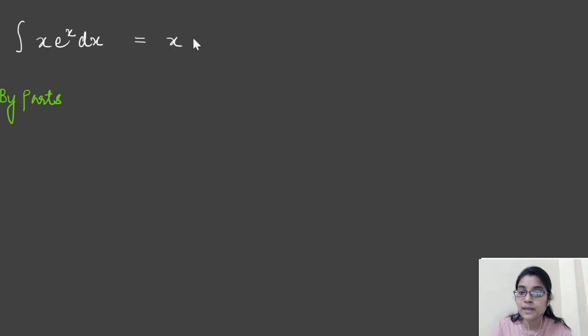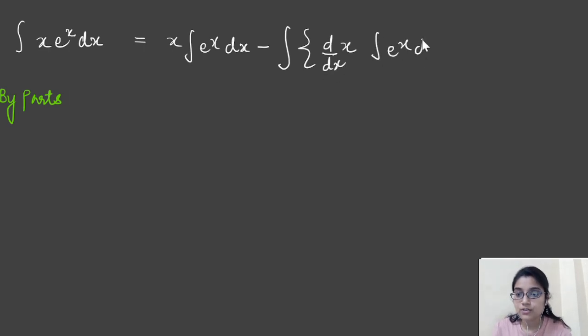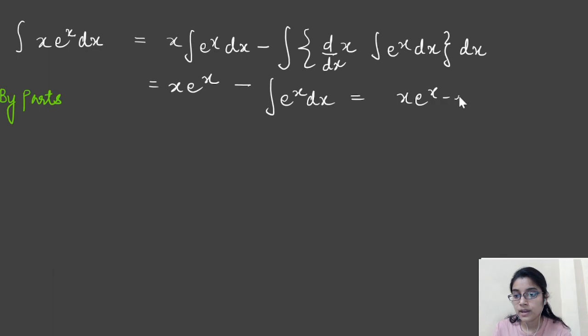So it will be x e raised to the power x minus the integral of the derivative of x times the integration of e raised to the power x, so x e raised to the power x minus e raised to the power x. You got the answer, taking 2 steps to solve this question.